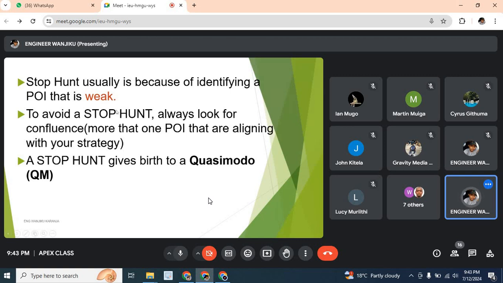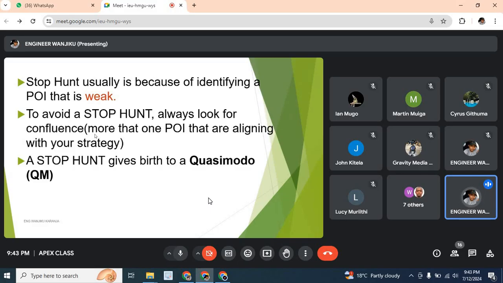So to avoid a stop hunt, always look for confluence. And remember, I said confluence is more than one POI that are aligning with your strategy before taking that trade. So another way to avoid stop hunt is the Quasimodo pattern.